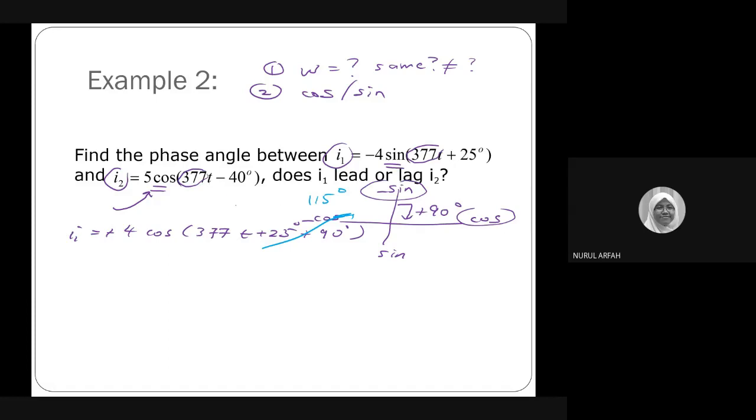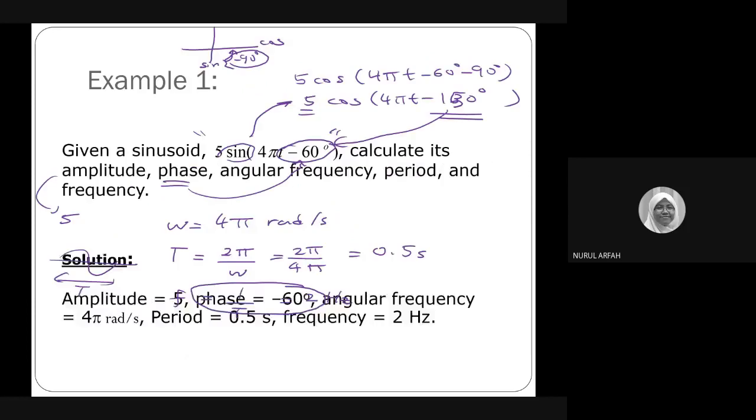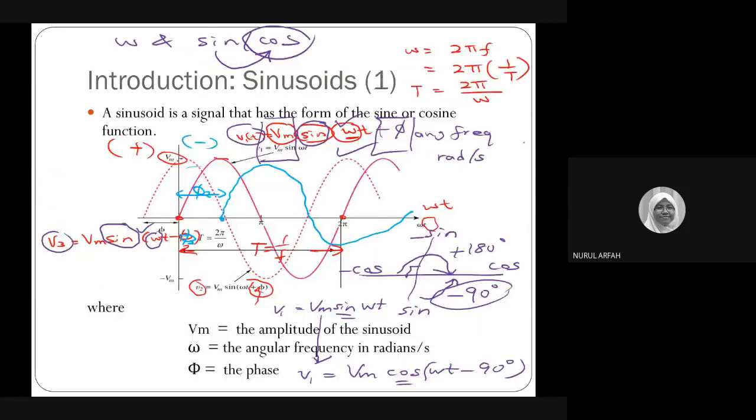But how to compare that? The best way, I think, is to just plot. Let's say you have I1. I1 is equal to plus 115, right? And from our theory, if you have a plus angle like this, a plus 115, it should start from the left side, right?